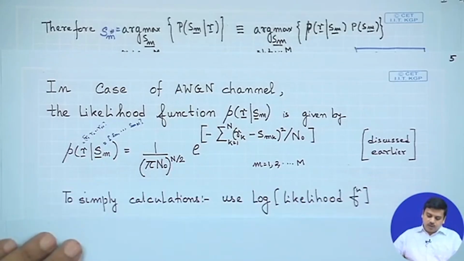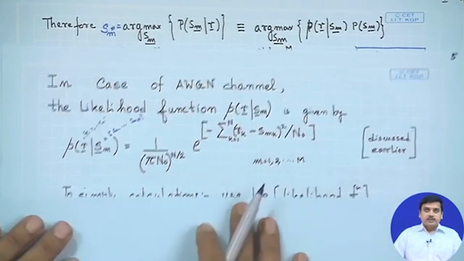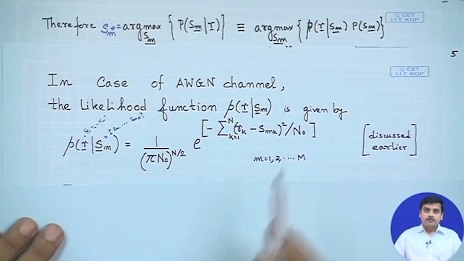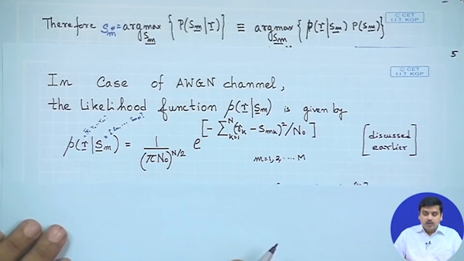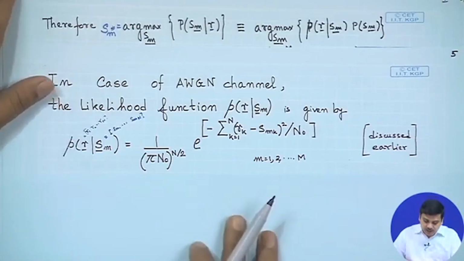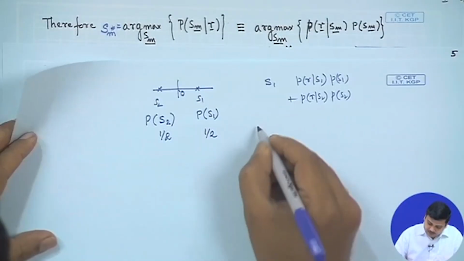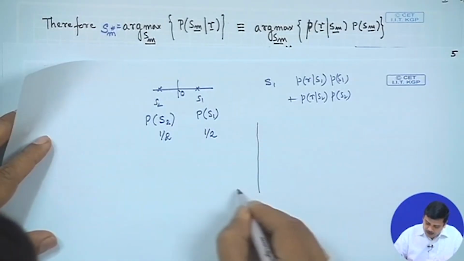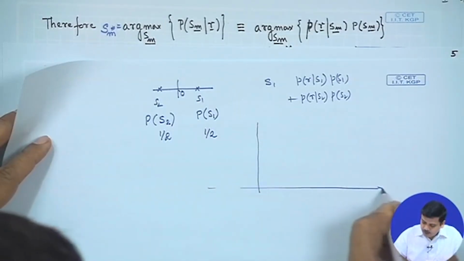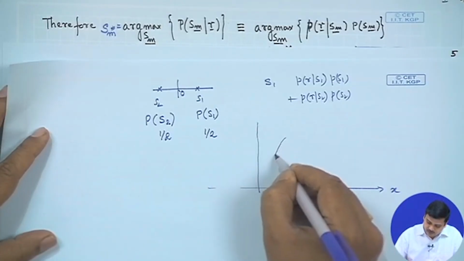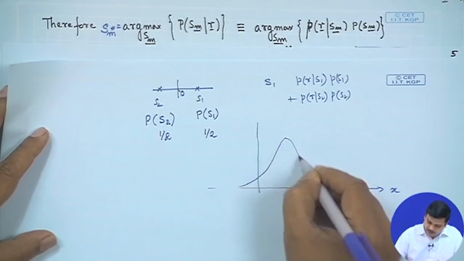Now, if you look at these expressions, this looks a bit cumbersome. So, to reduce the computation, we can use the log of this function. Now, briefly we said that we can discuss the likelihood. Suppose this is x and we have some PDF.